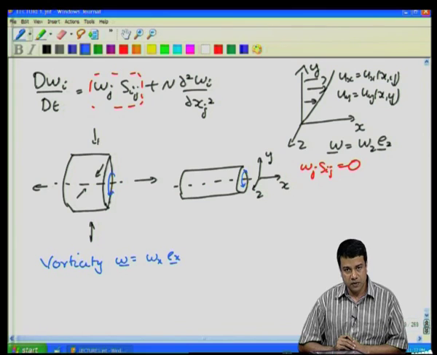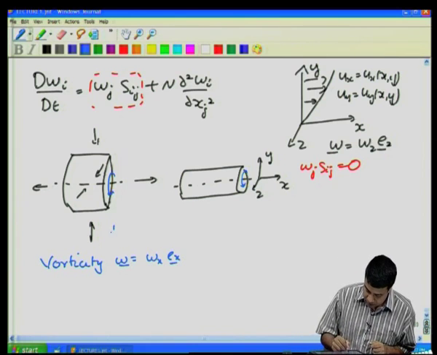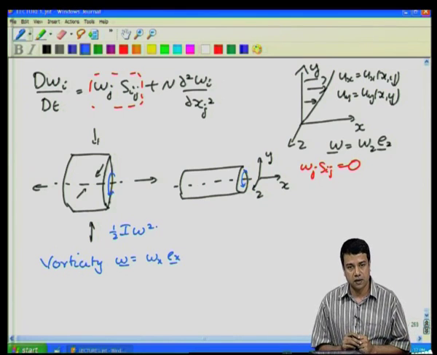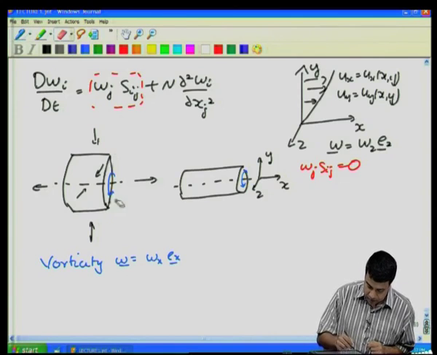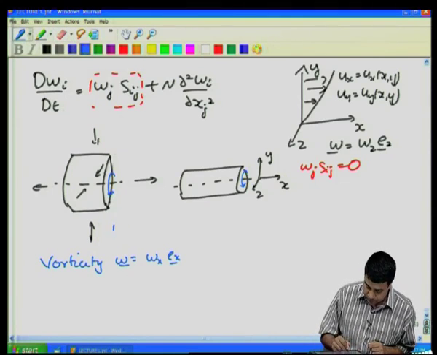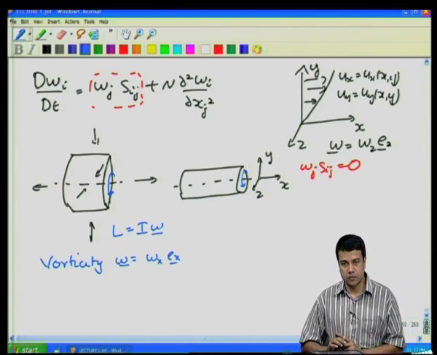Now, you can see that between these 2 configurations, the angular momentum of this element of fluid will be equal to L is equal to I times omega, where I is the moment of inertia.